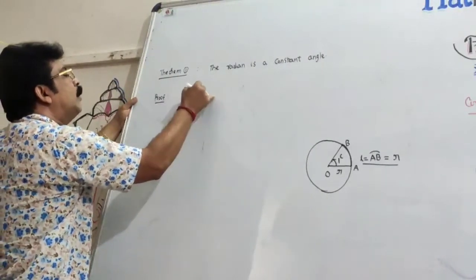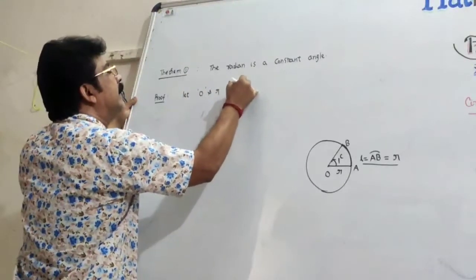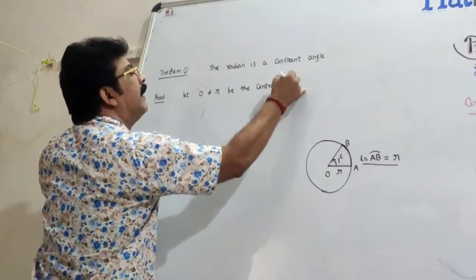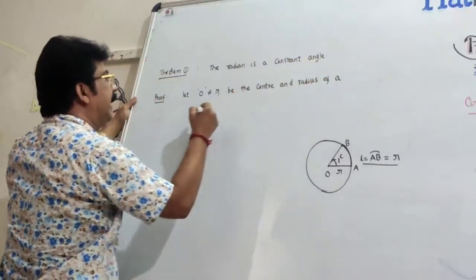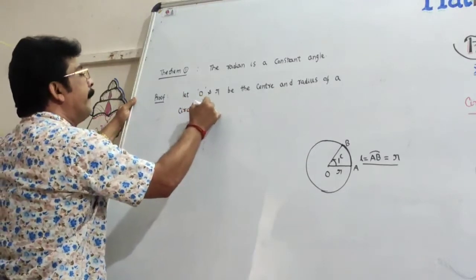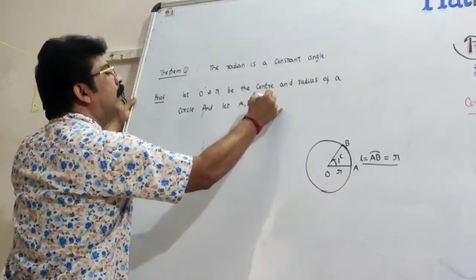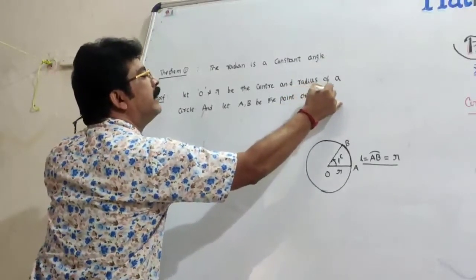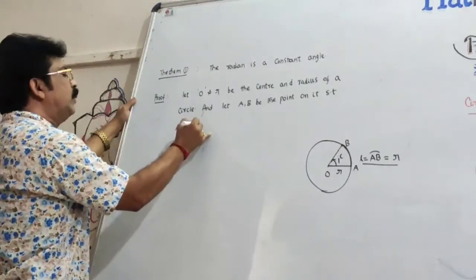Let O and small r be the center and radius of a circle, and let capital A, capital B be the points on it, so that angle AOB equals 1 radian.